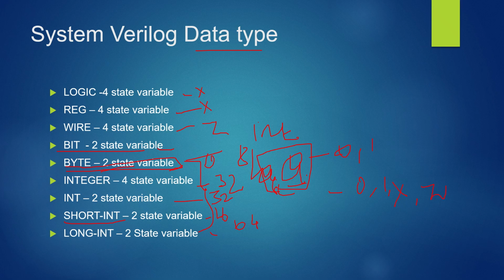For each data type we will have signed and unsigned variants, which means the representation of the binary value, whether it should be a positive or negative value.